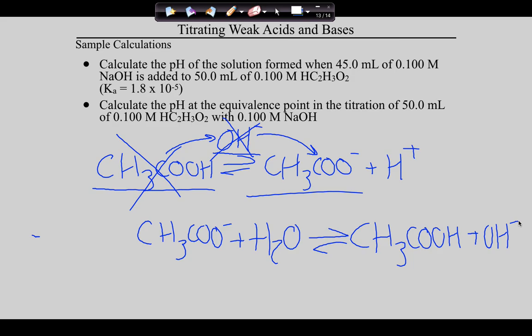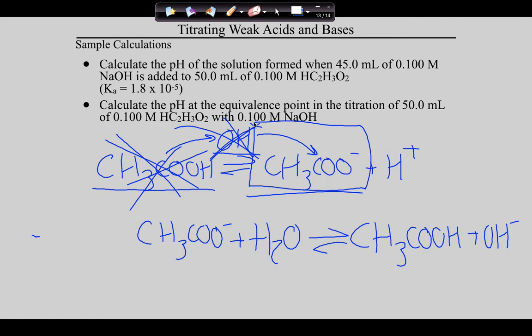So this is the chemistry that we need to study. At equivalence, we don't have any of this stuff. At equivalence, we've got that stuff. And that's the chemistry that determines the pH. So we need to figure out how this attacks water, because that determines the pH.